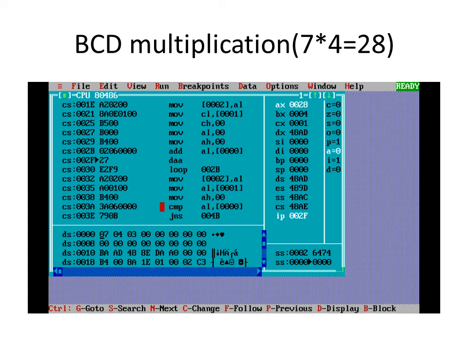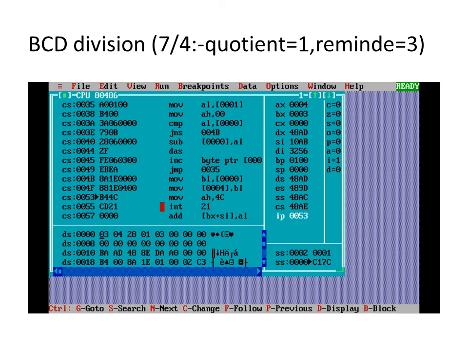Multiplication, 7 into 4, AL register. You look at the AL register, 28. Then the result of division, 7 divided by 4. 2 is the quotient and 1 is the remainder.